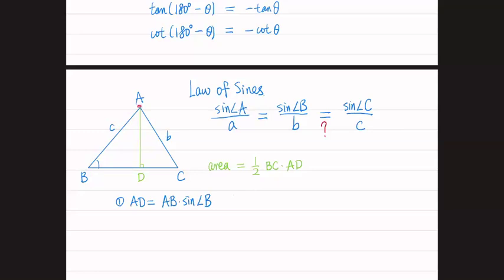Use the left side right triangle because it's perpendicular. Sine B is the opposite over the hypotenuse.